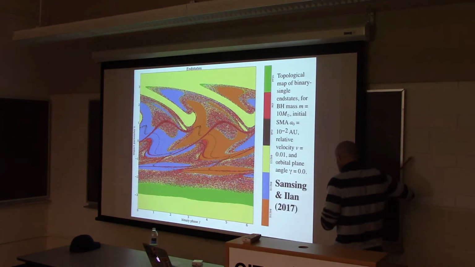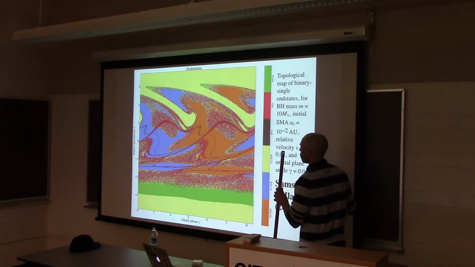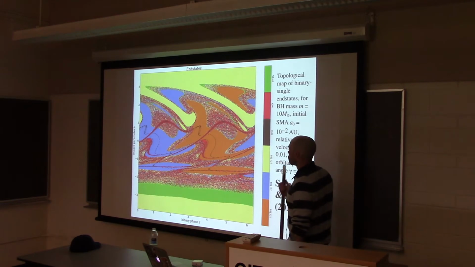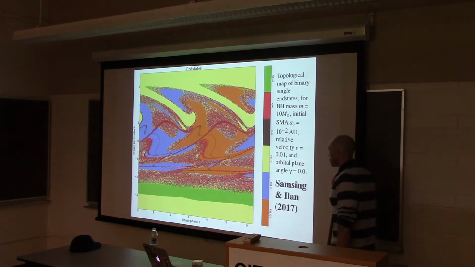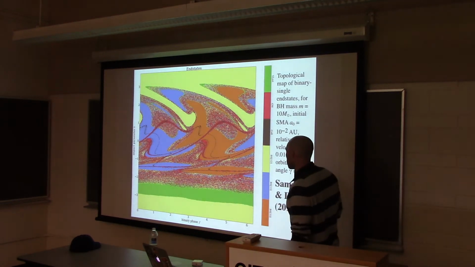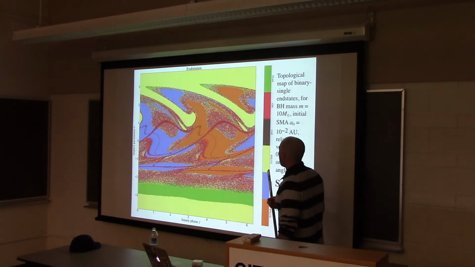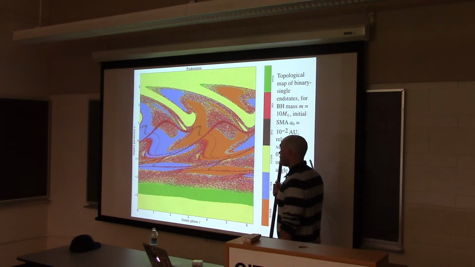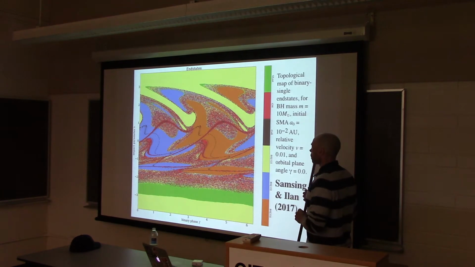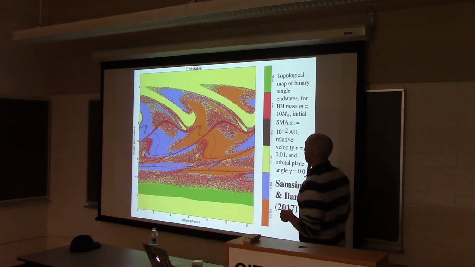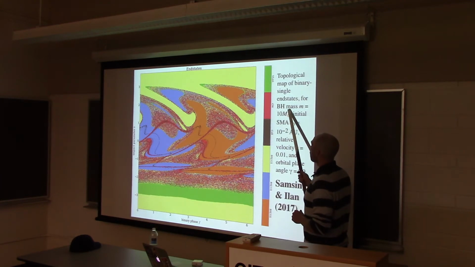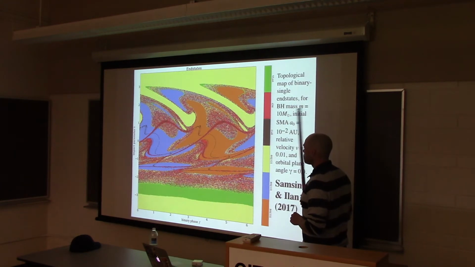This is a topological map showing n states of binary-single scattering, courtesy of Johann Samsing and a student he's working with at Princeton. The basic idea here: these authors ran millions of numerical scattering experiments between a single star and a binary, where all three particles are black holes with masses of 10 solar masses.